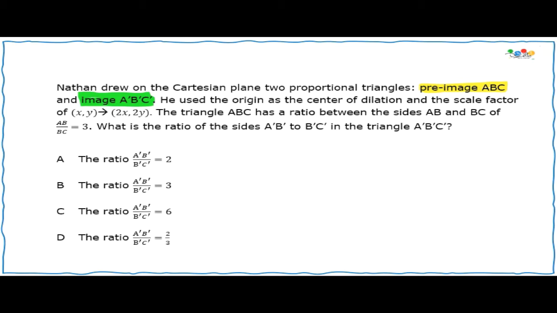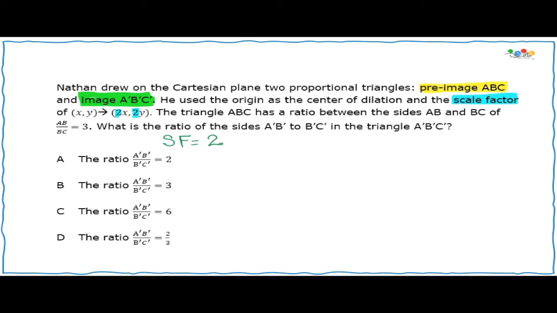Well, there was a dilation, right? And they have a scale factor here. Do you see the number right next to the x and the y? That is your scale factor. Very good. So let's write it down over here. Scale factor equals 2.